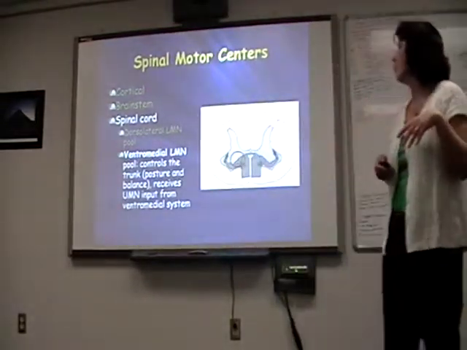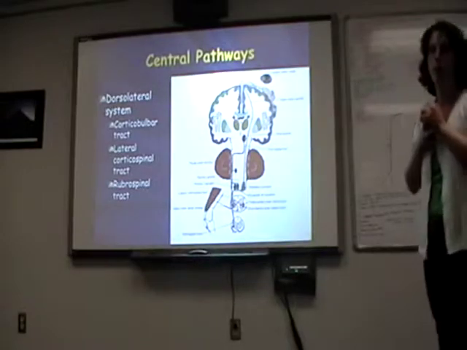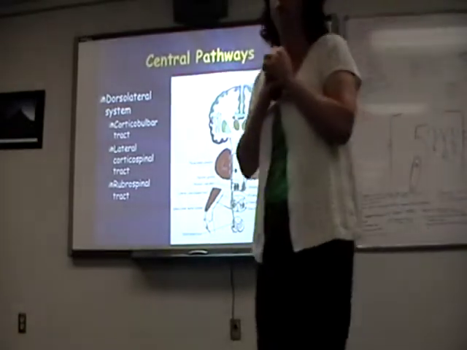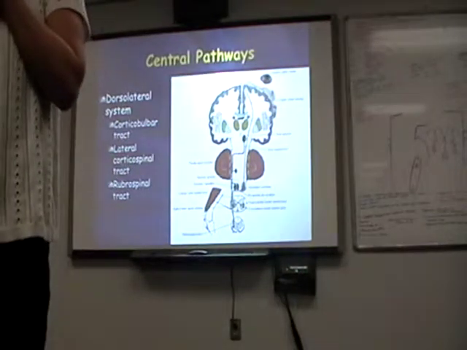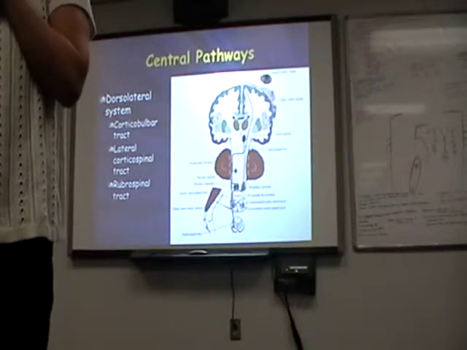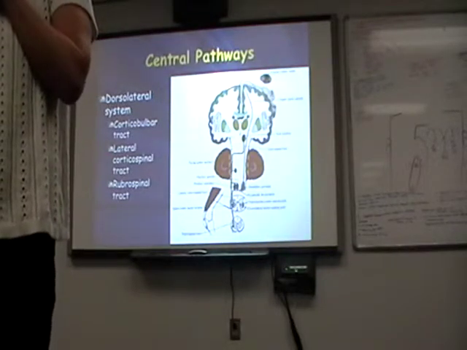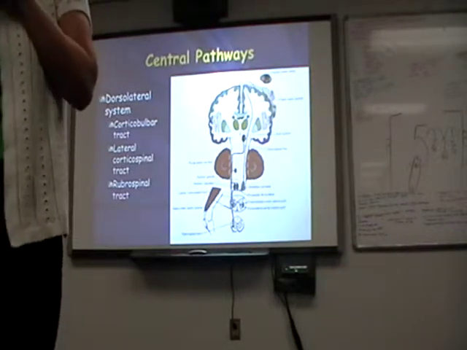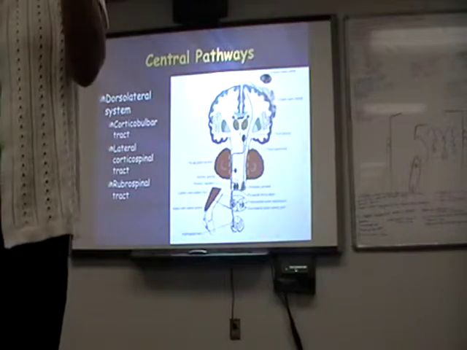So our dorsolateral system includes our corticobulbar tracts. What are they doing? Cortex to the brainstem. To do what? It's motor. We're in the motor system lecture. Muscles of the face. Give me one cranial nerve that will affect the muscles of the face. Facial, that's a good one.